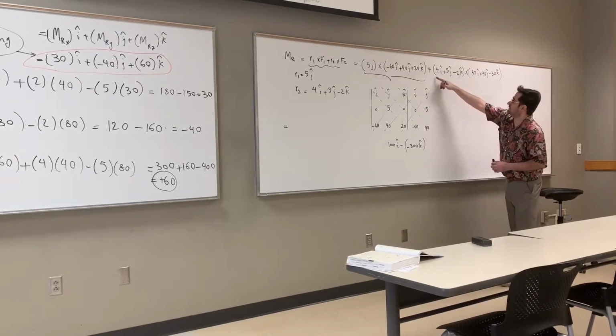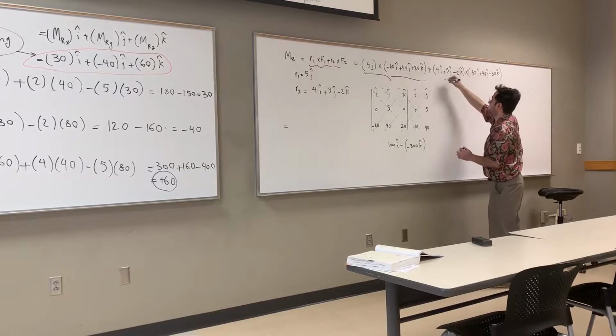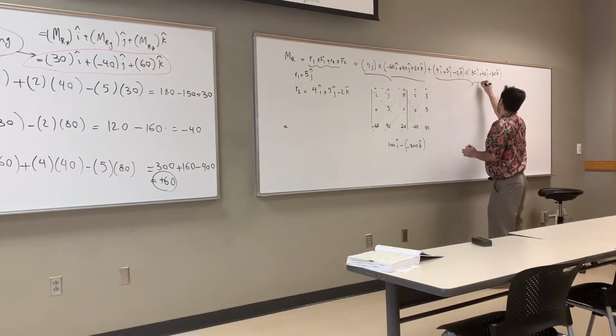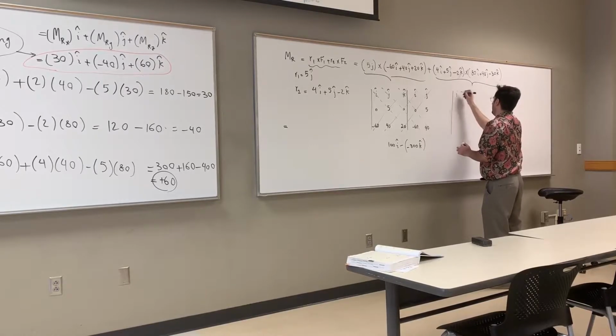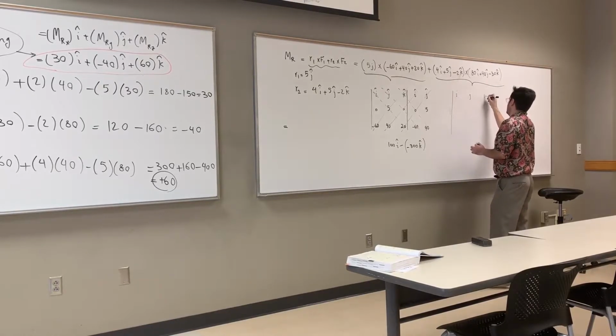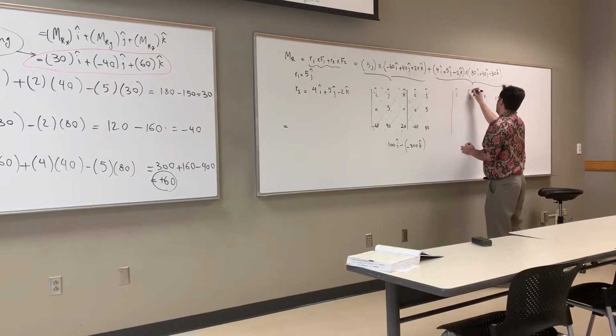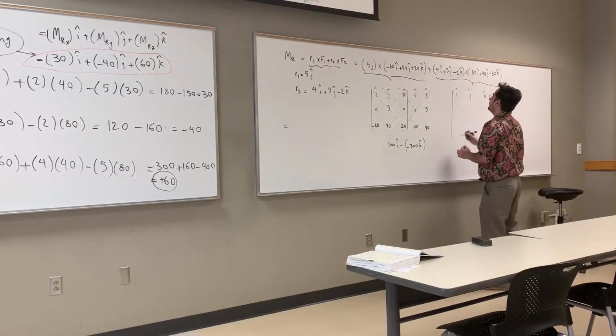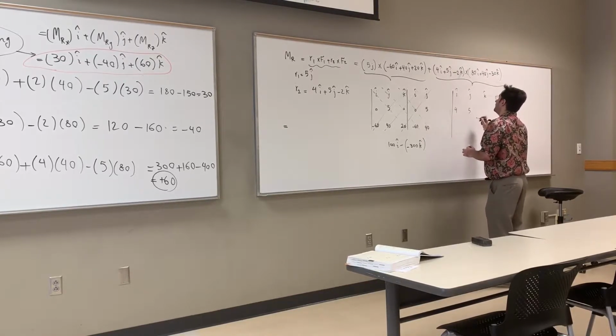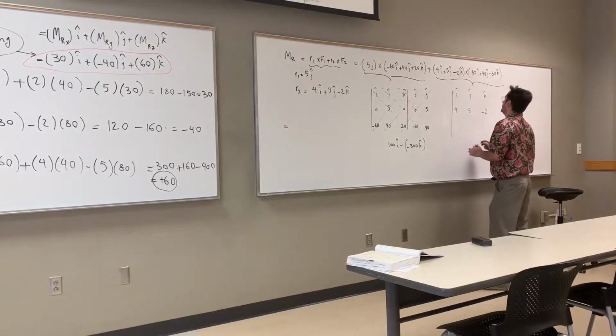Now we go to the second one. I'll write it here: i, j, k. The first row is 4, 5, -2.